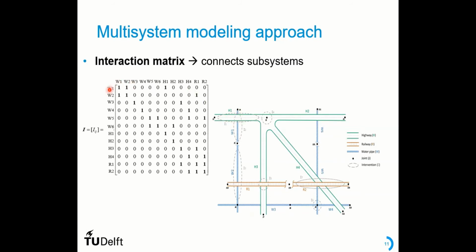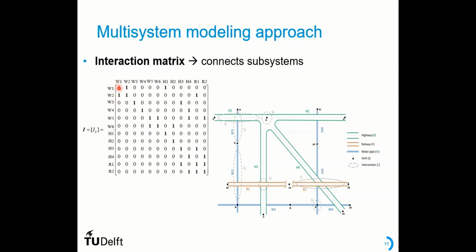So we go to W1 and search for H1 and put the number 1. This means that W1 affects H1. Now the contrary is not true, because if you want to execute an intervention on H1, it's not necessary to stop the functionality of W1, because W1 is just underneath. In this case, H1 does not affect W1, so we put 0.